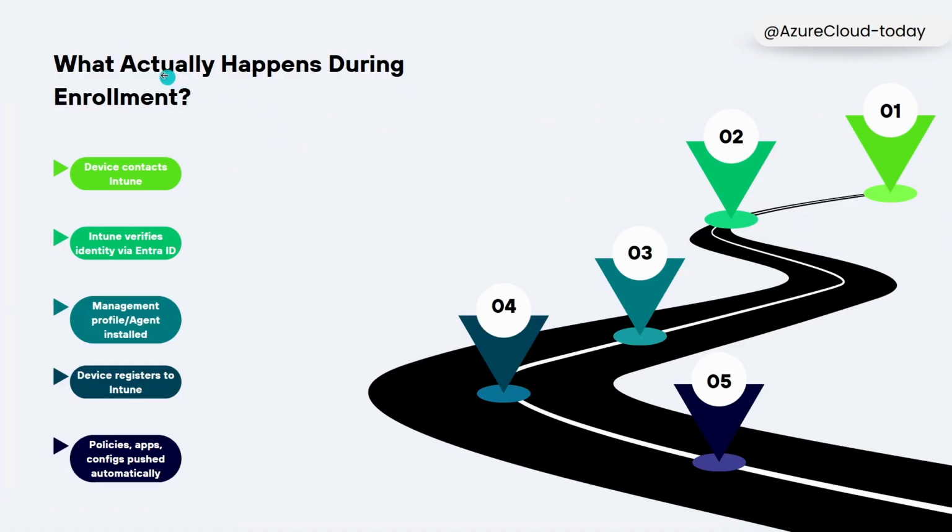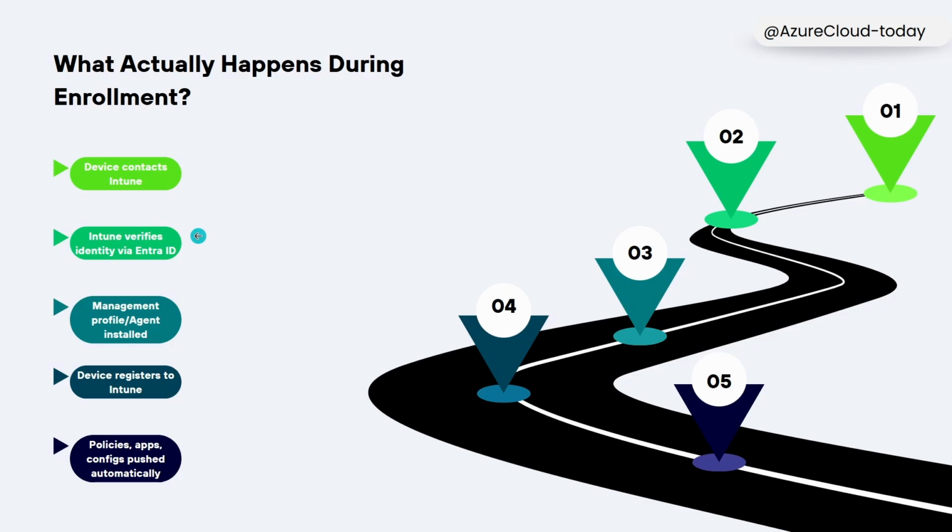What actually happens during enrollment? No matter what method is chosen or enforced by the organization, they all go through the same series of steps. The device contacts Intune cloud services. Then Intune checks the user identity through Entra ID.